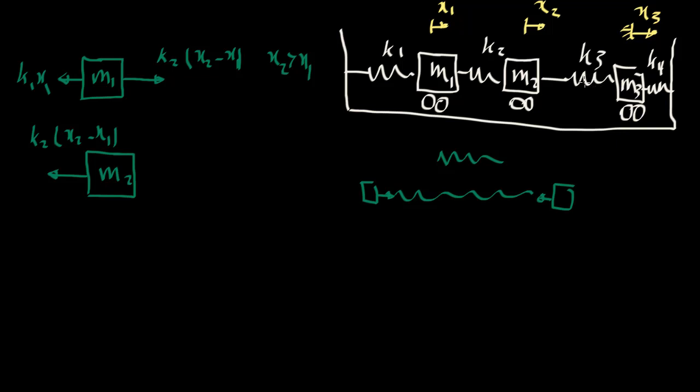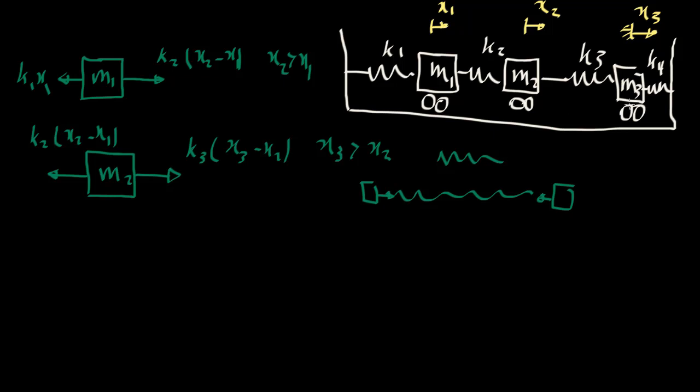And for this spring, the force on this mass depends on the displacements x2 and x3. Assuming that x3 is larger than x2, we can play the same game here, that this force should be in this direction. So this would be K3 times x3 minus x2, again assuming that x3 is larger than x2.